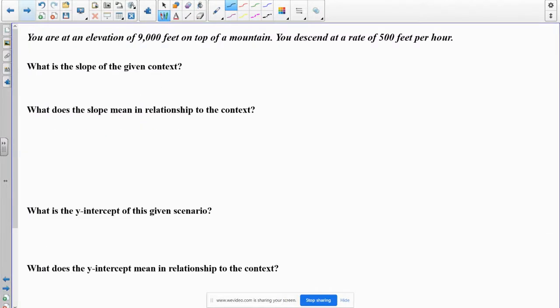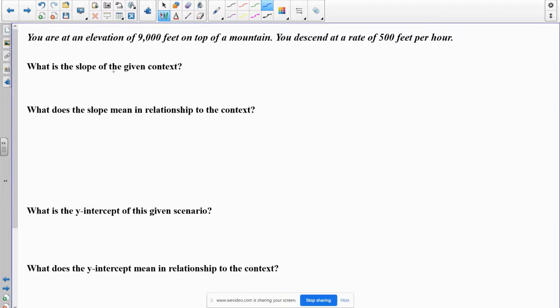So our first example here is you are at the elevation of 9,000 feet on top of a mountain. You descend at a rate of 500 feet per hour. The first question is, what is the slope of the given context? So remember, when we're finding slope, it's that change of the y over change of the x, or y2 minus y1 over x2 minus x1.